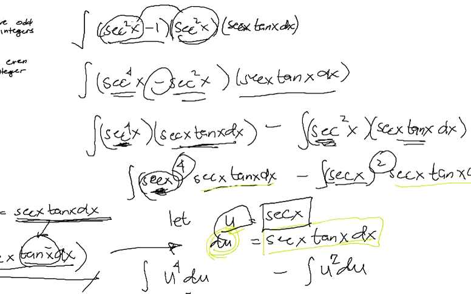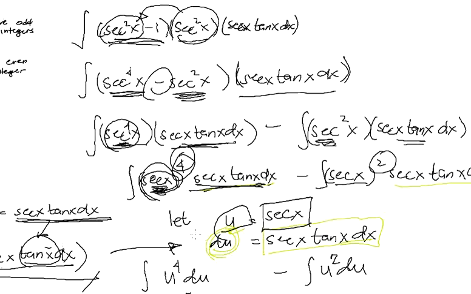Because when we distribute this secant square x to our converted trigonometric identity, we can now get secant to the 4th power x minus secant square x. Then multiply by its derivative. So from there we can see that we can now use the power formula, because this term here is raised to 4, and the derivative of this is just this one.